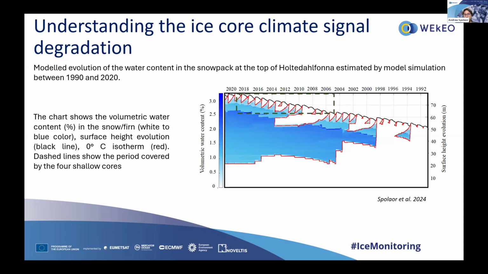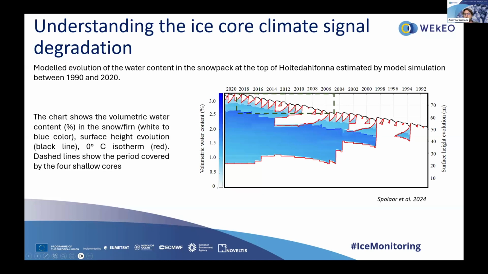To support these ideas, we can use modeling. This is a model simulation of water percolation into the glacier. The black line is the snow surface, simulated from 1992 to 2023. The red line is the isotherm in terms of depth, so how deep the 0 degree temperature goes into the snow.